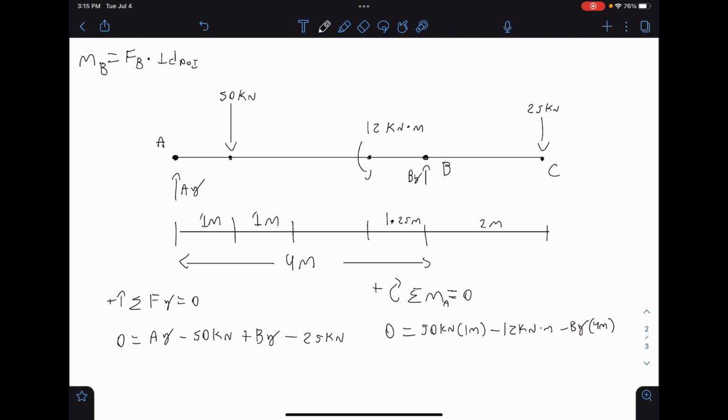And then our last force here is our 25 kilonewton point force. That is the entire length of the beam. So it's going clockwise, right, this way, so it's positive. So that's plus 25 kilonewtons times how many meters? 6 meters, right? So let's simplify this and solve for By.